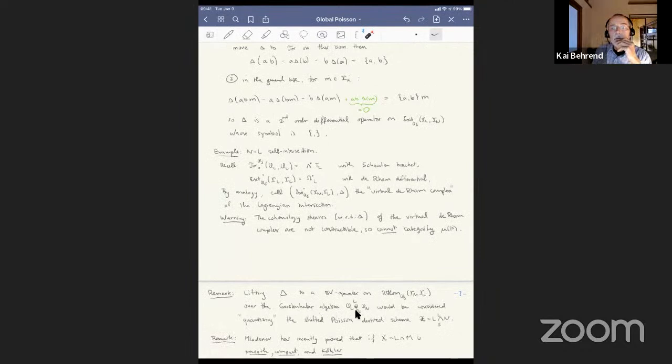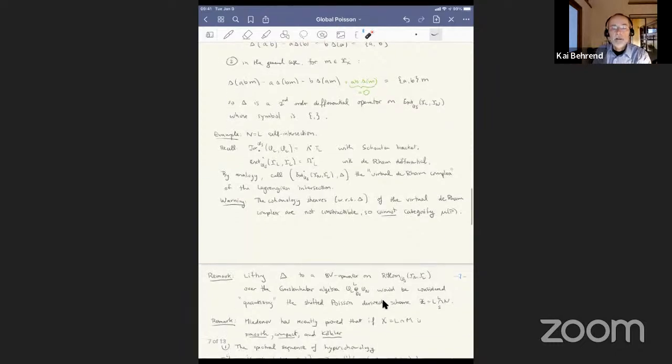Over the full derived Gerstenhaber algebra, this is what would be considered quantizing the shifted Poisson derived scheme. There's this shifted Poisson derived scheme with the derived structure sheaf, and lifting this delta to this would be quantizing the shifted derived structure.